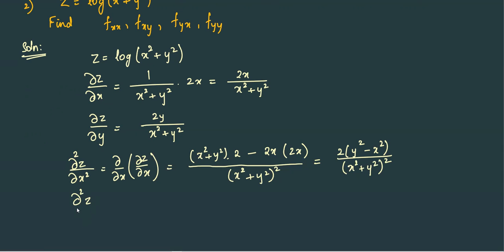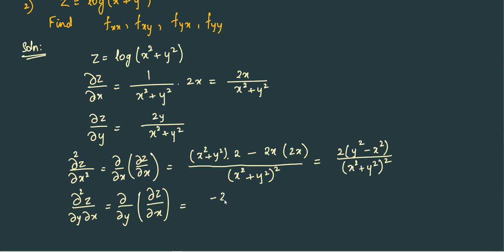And ∂²z by ∂y ∂x. So ∂/∂y of ∂z/∂x. For this expression, differentiating ∂z/∂x with respect to y, treating x as constant, the terms of y are in the denominator alone, so all others are treated as constant.